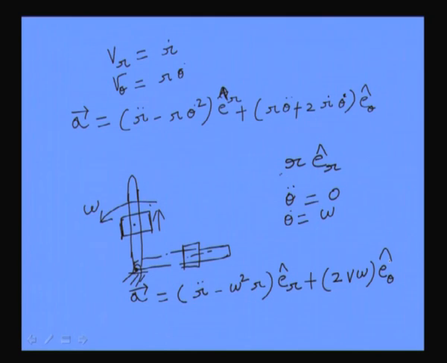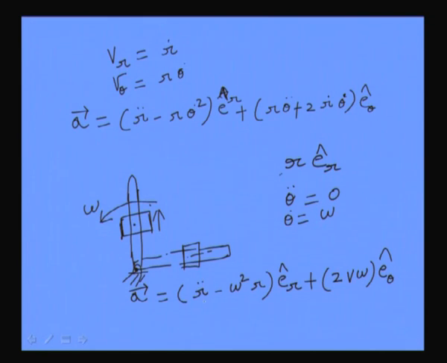Are you familiar with these components? We see that acceleration has these two components. One is along the radial direction and another is along the theta direction.